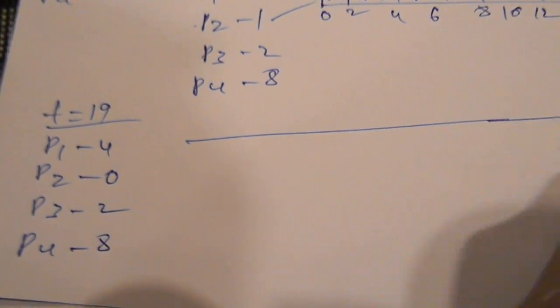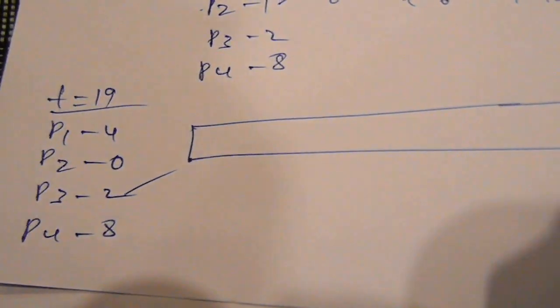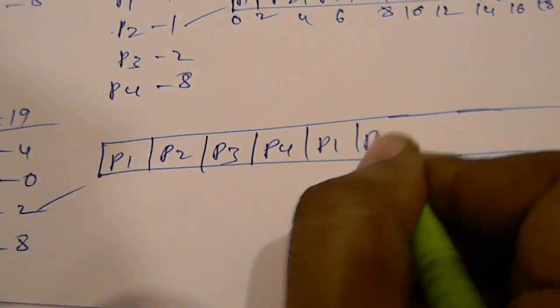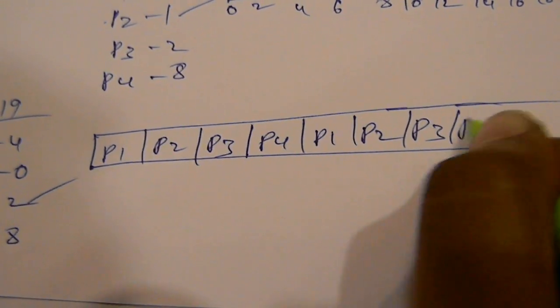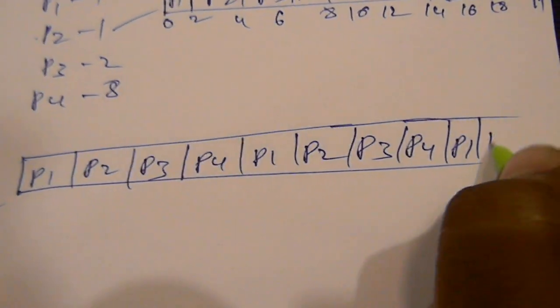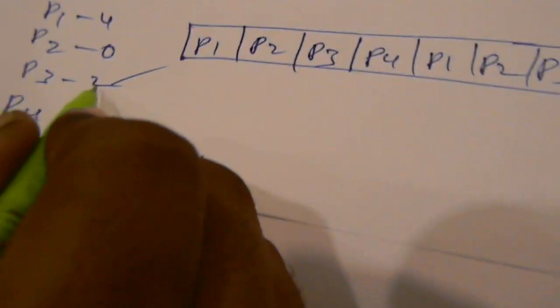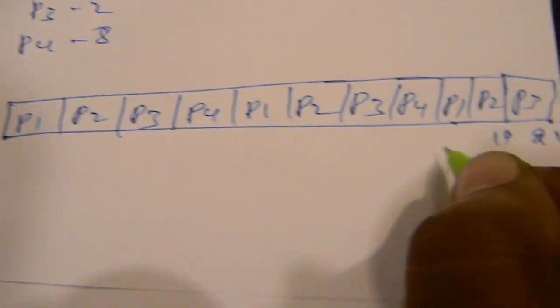At t equals 19, the turn is P3. Its remaining burst time was 2 milliseconds, and the time quantum was also 2 milliseconds, so it completes its execution at 21 milliseconds.